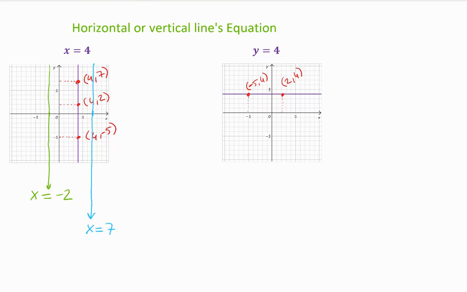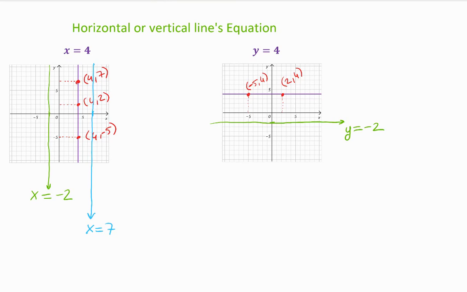Let me find the same values but with y. Let's say y equals negative 2. So here y is equal to negative 2, so my line is here.